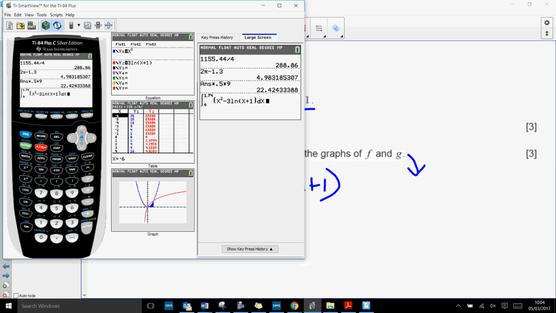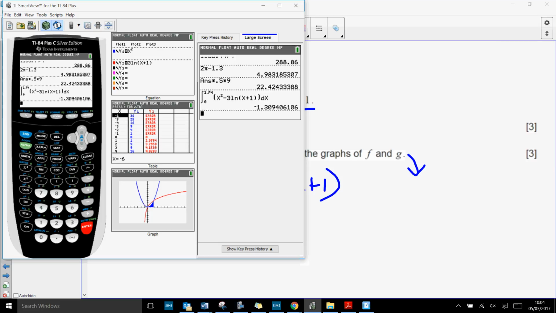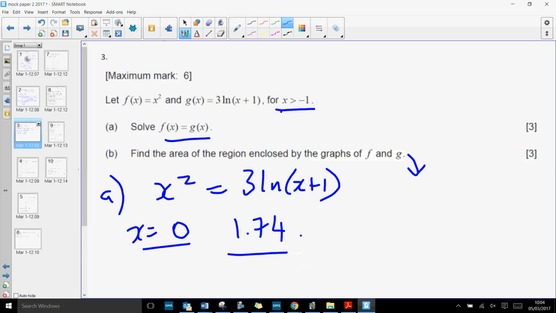So it's negative 1.31. But remember, we ignore the sign when we talk about the area.